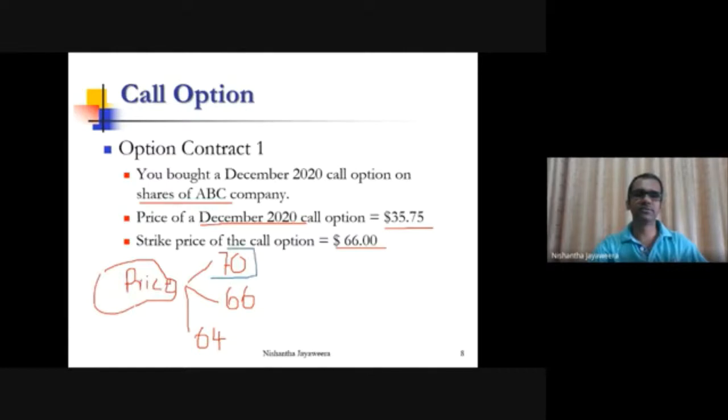Now you are here. On the expiry date, price of the shares of ABC company, $70 per share. You have bought a call option by paying $35.75 premium, and the strike price of the call option is 66. What do you do?